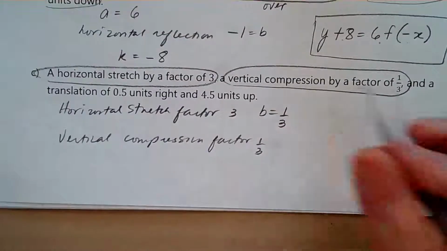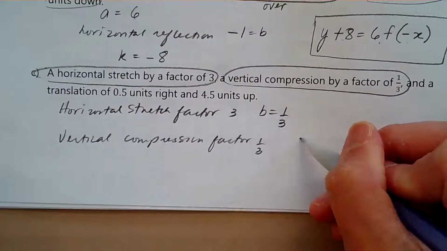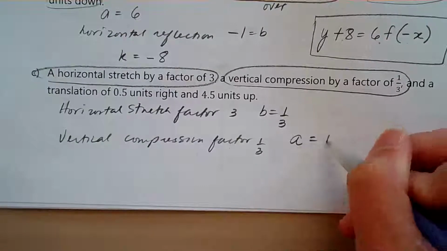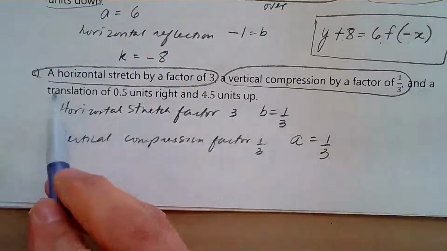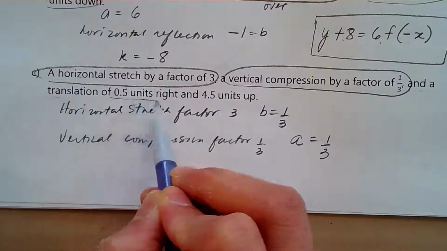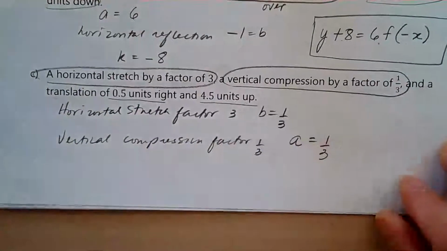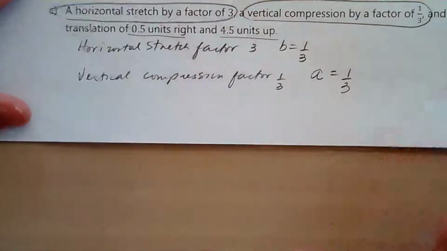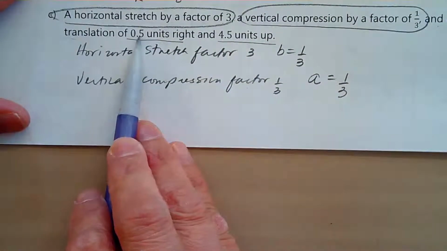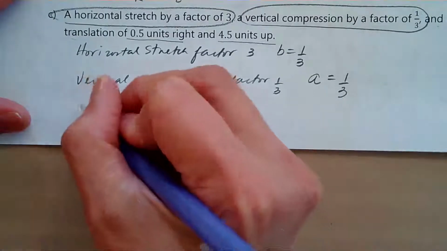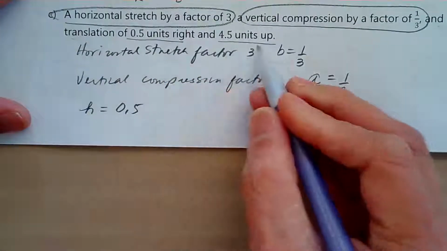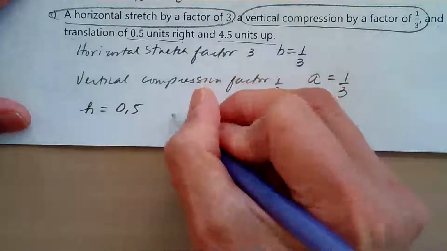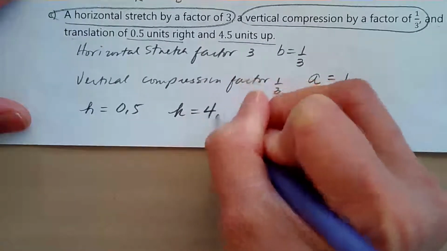So that means A is 1/3, yes. And a translation of 0.5 right and 4.5 up. So H is 0.5 and K is 4.5.